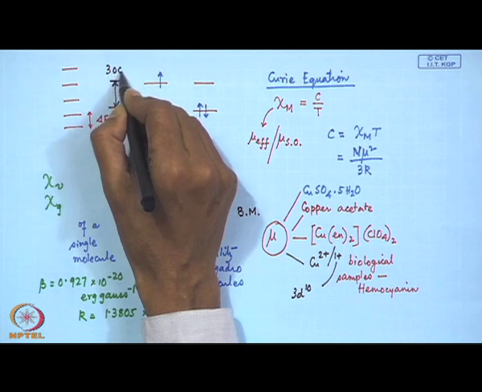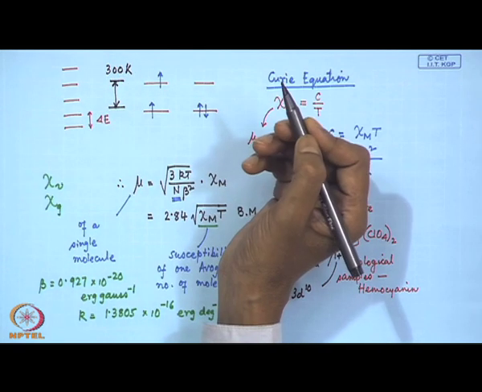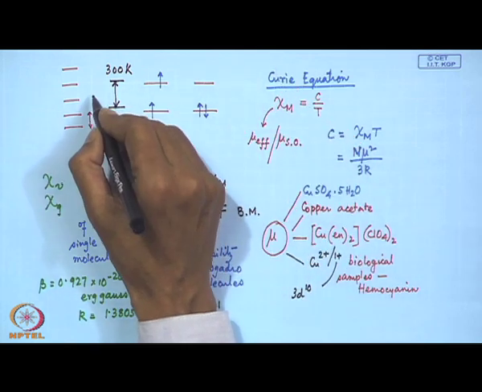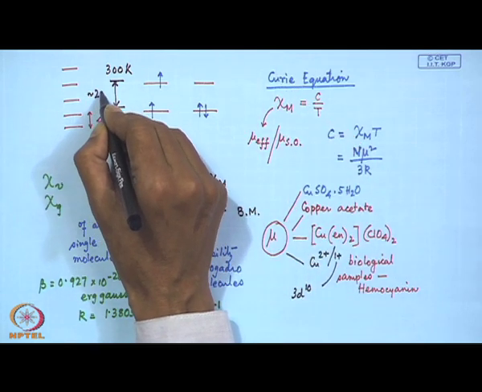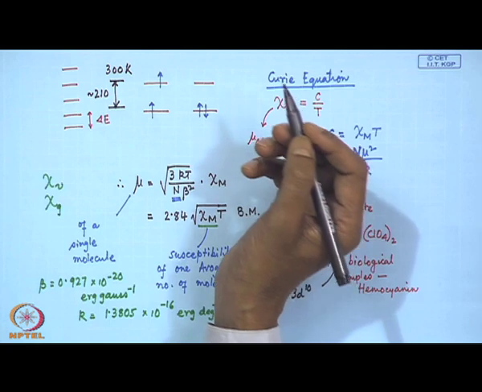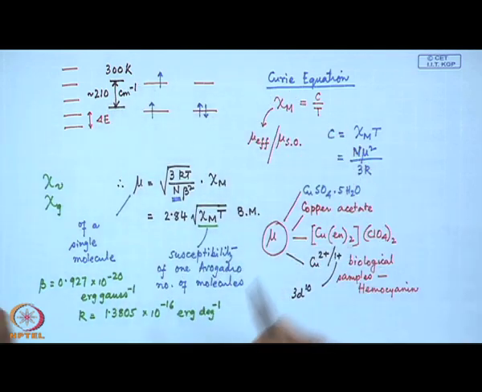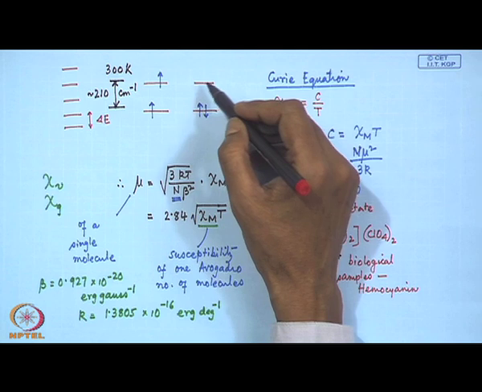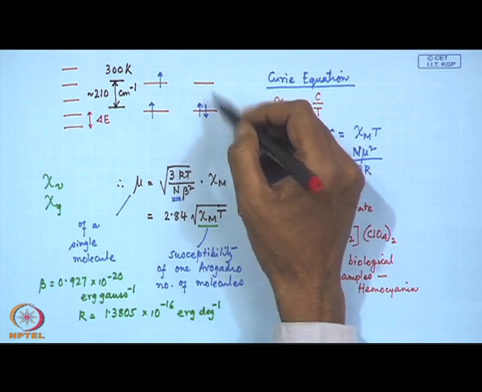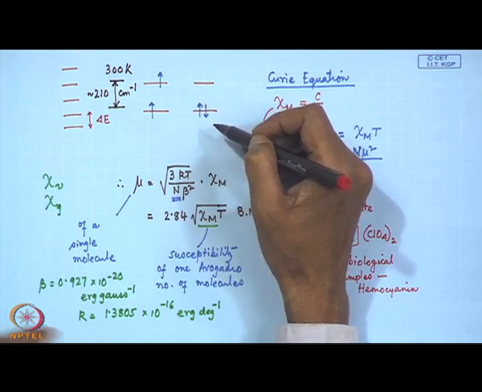So, if the temperature is in the range of 300 Kelvin, we get a kT value of about 210 centimeter inverse. This particular width basically can control the population of these different levels by these unpaired electrons.